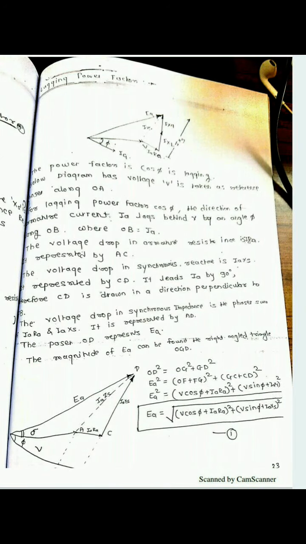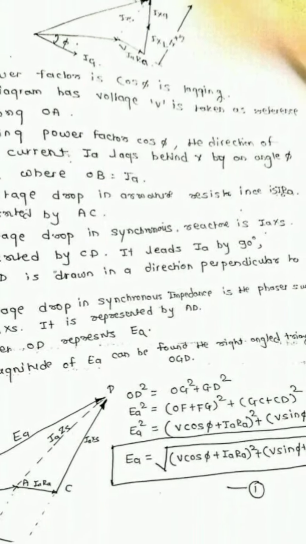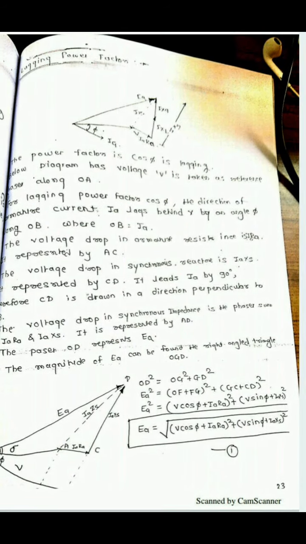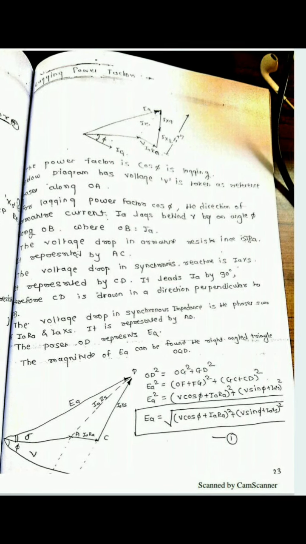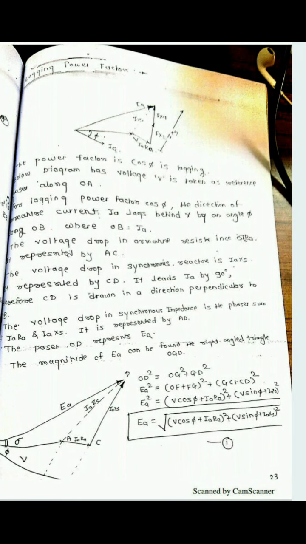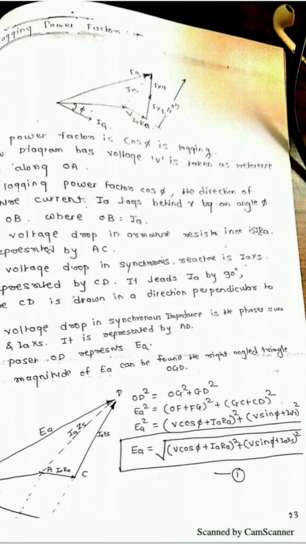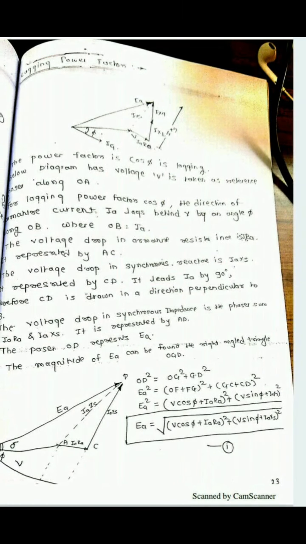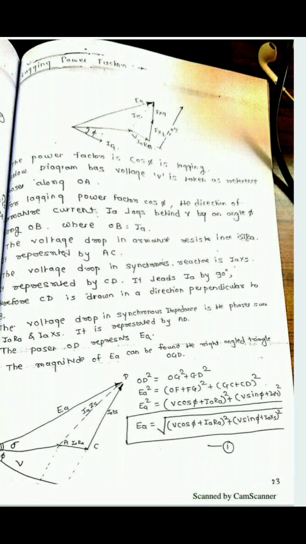So in concern with that, we will conclude that this is the equivalent circuit and different vector diagrams for an alternator. So the basic fundamental concept in concern with the vector diagram of an alternator for generated EMF. So a very important sign is there. For lagging power factor, the generated EMF has the value, that is square root of V cos phi plus Ia into Ra bracket square plus V sin phi plus IaXs bracket square.